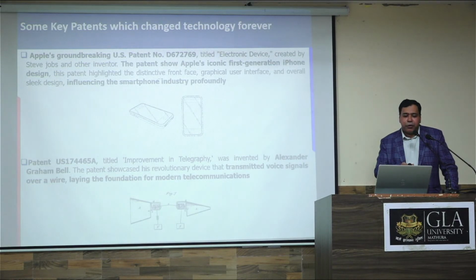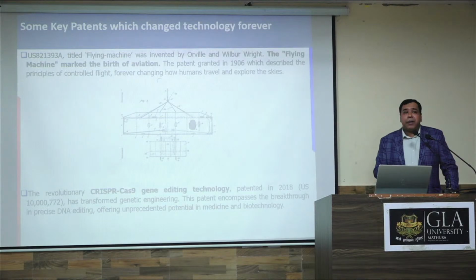Second, you must be knowing Graham Bell. Graham Bell filed a patent on telecommunication, which was conceived by him, on transmitting voice signals. Again, this was a patent which was granted to Graham Bell. The Wright brothers, who gave the idea of the aircraft, also filed a patent application for creating a flying machine.